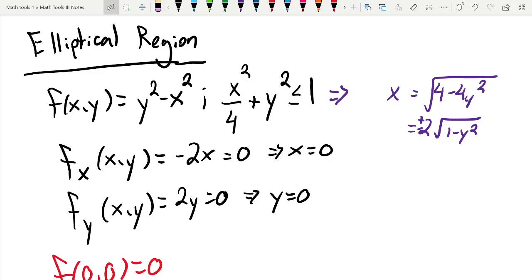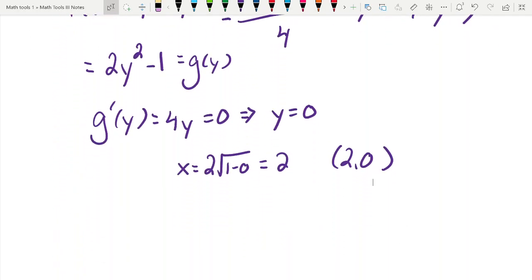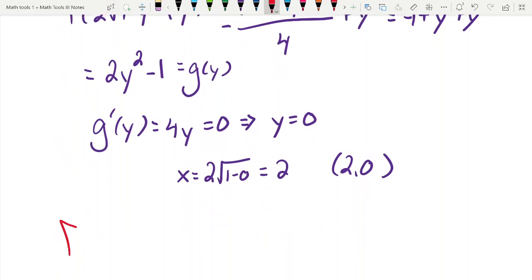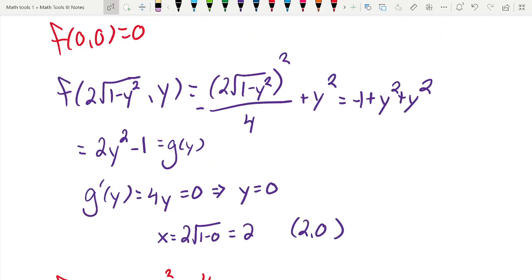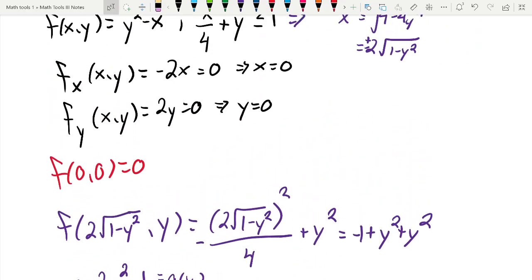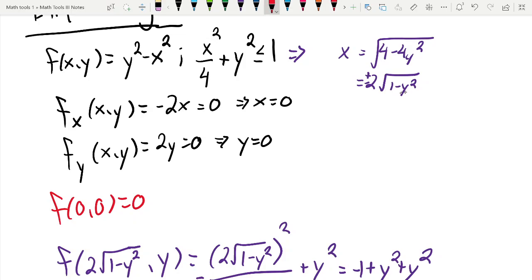Okay. So f of (2, 0) is going to be 0 minus 2 squared, which is negative 4. Okay. So now if we look at the other side, we plug in the negative 2 root 1 minus y squared.